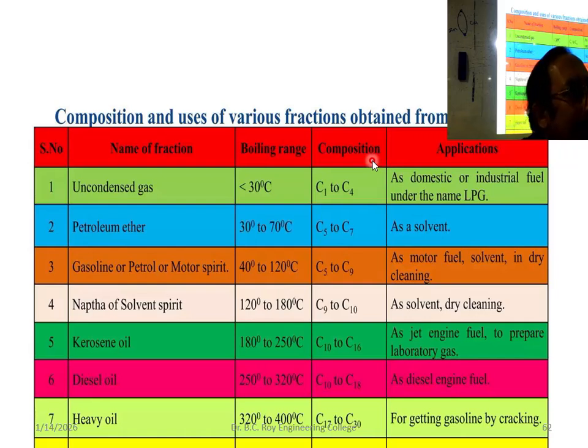Cross subsidy. Suppose up to 100 units of electricity, if you consume, the rate is lower. If you use more than 100, up to 500, you have another slab. More than 500, you have another slab. There are different rate slabs, but the same electricity is generated by the same mechanism. How is it possible that you are getting different rates? It is called cross subsidy.